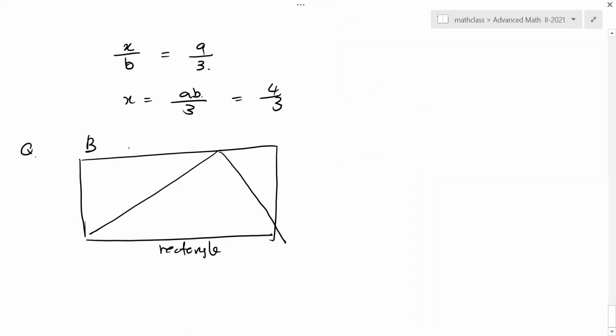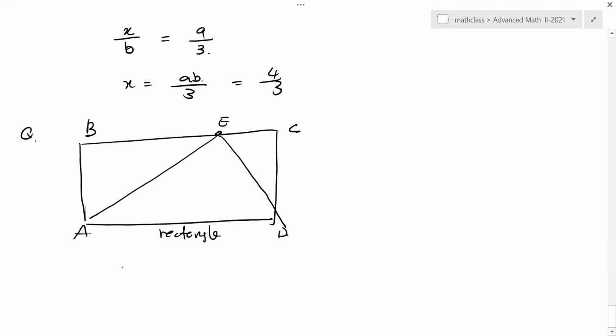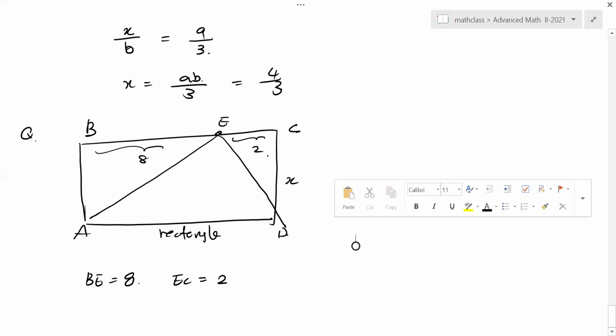This is B, that's C, and A, and D, and that's point E. We are given the following information: BE is going to be 8, EC is going to be 2. So this side is 8, this side is 2, and we don't know C and D, or A and B.